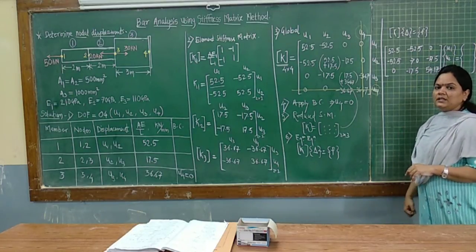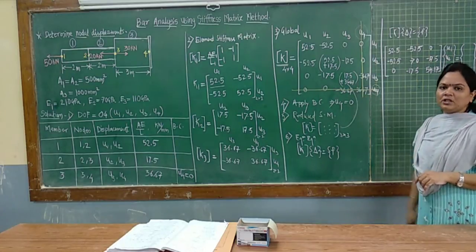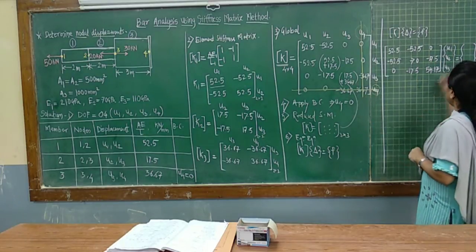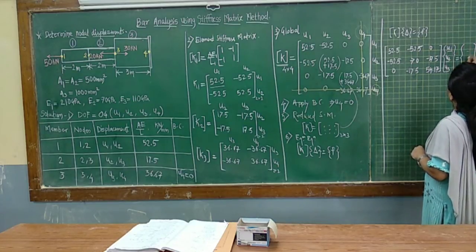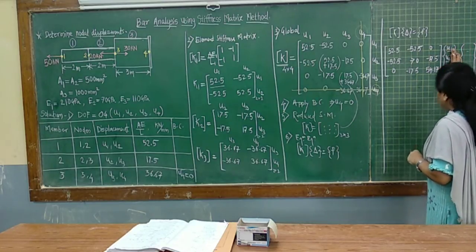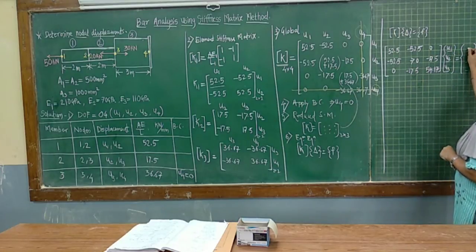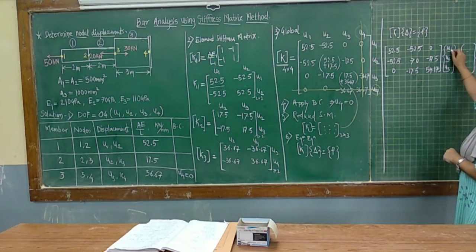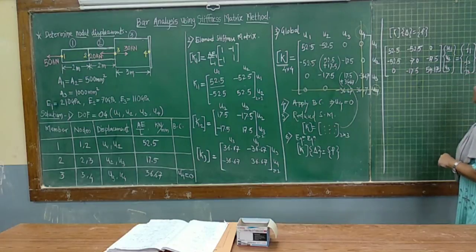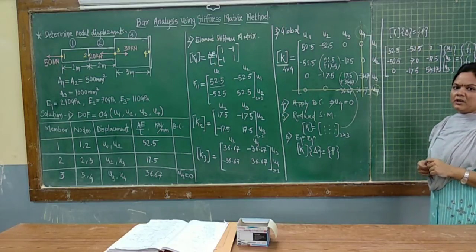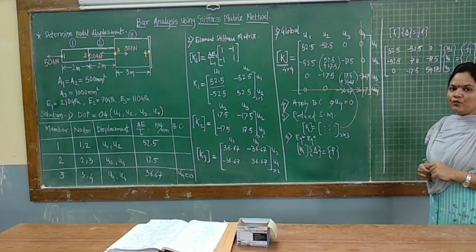To write this F matrix you have to see the problem statement figure. Here the first unknown, second unknown and third unknown, these three values 1, 2, 3 are related with the displacements. So the nodal force vector has F1, F2 and F3. For F1, see in the original figure whether any force is given at node 1.